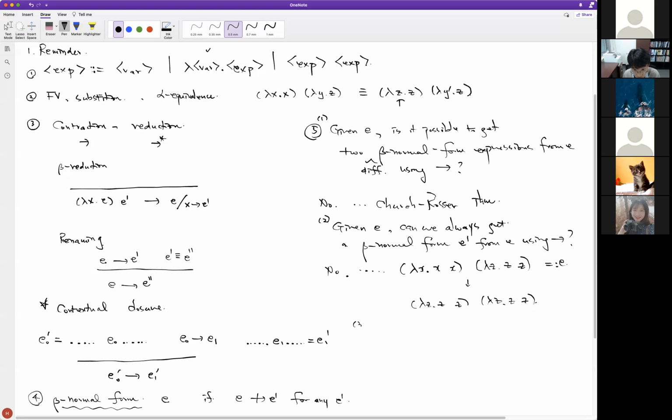The third question is: given E, if E can be reduced to E prime for some beta normal form expression E prime, can we find E prime systematically?